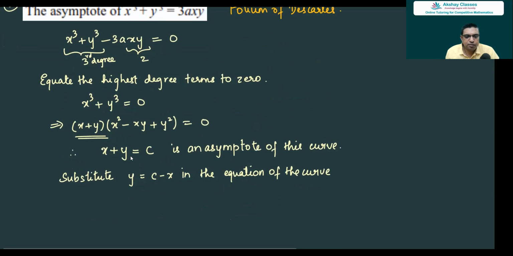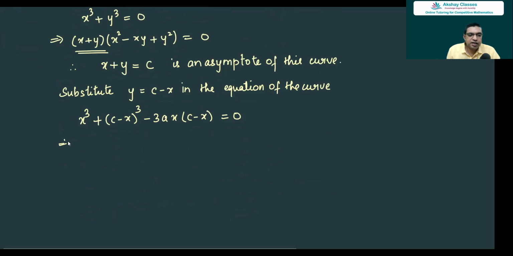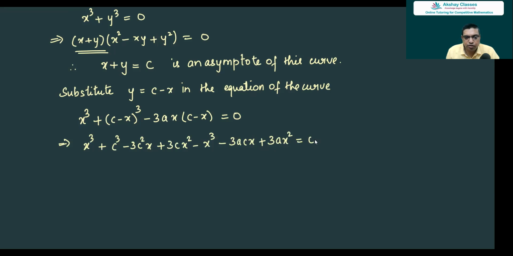So in the equation of the curve, y equal to c minus x, we get x cube plus (c minus x) whole cube minus 3a into x into (c minus x) equal to 0. Now expand and simplify. x cube plus c cube minus 3c square x plus 3c x square minus x cube minus 3a cx plus 3a x square equal to 0.